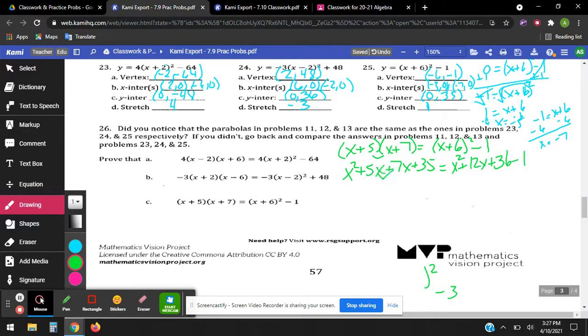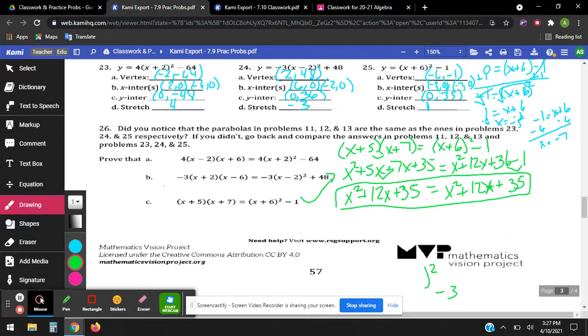Here I can combine these, x squared plus 12x plus 35. This side I can simplify these, x squared plus 12x plus 36 minus 1 is 35. I ended up with the same one.